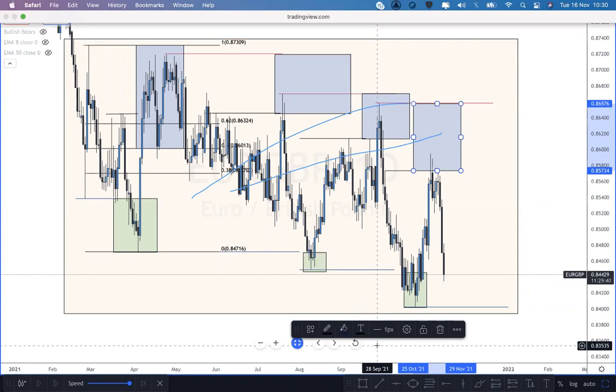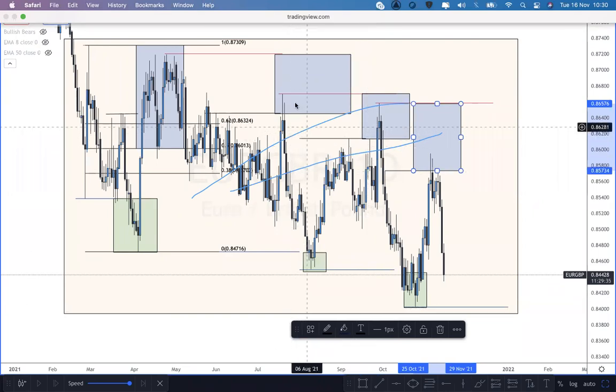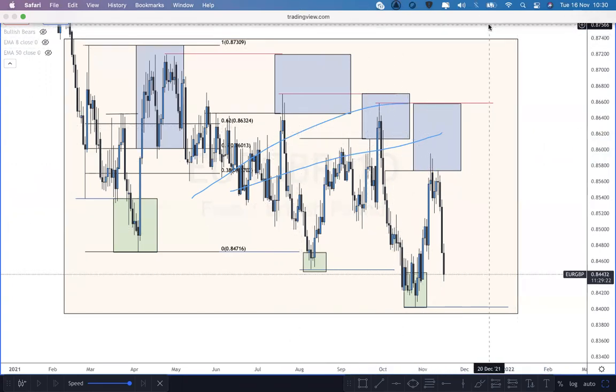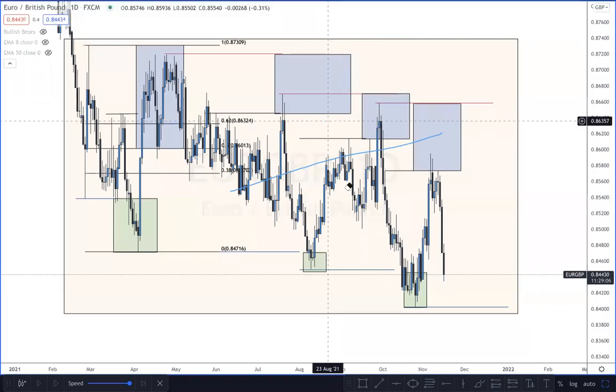Can I have this person remove the annotation before I continue, please? This is going to distract me. Okay.